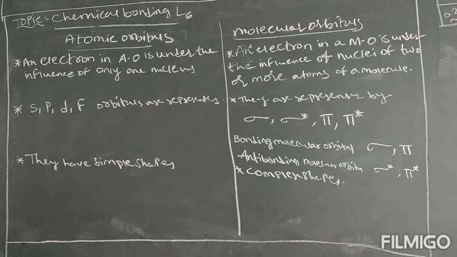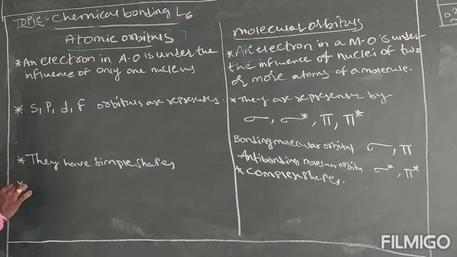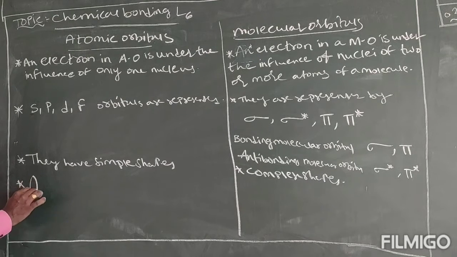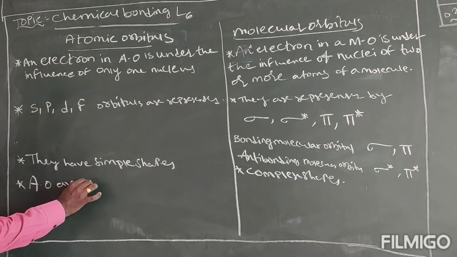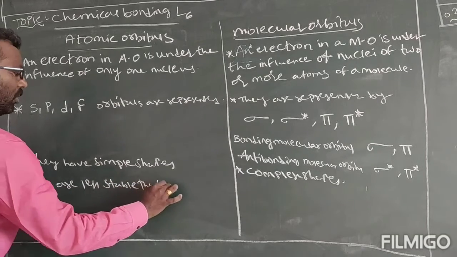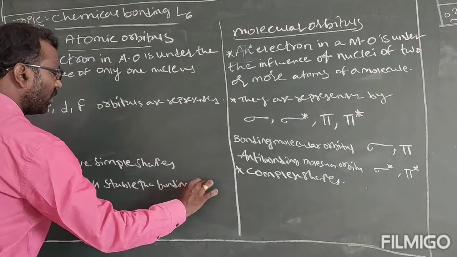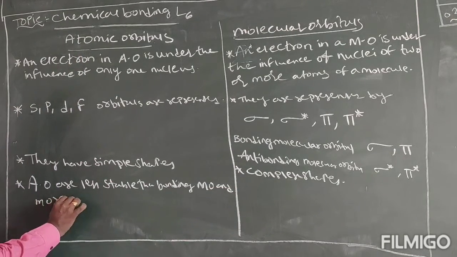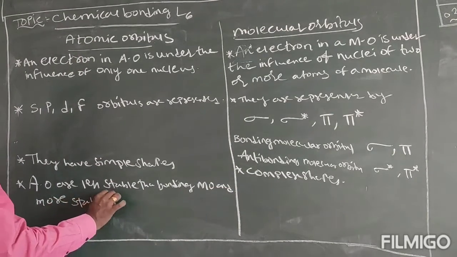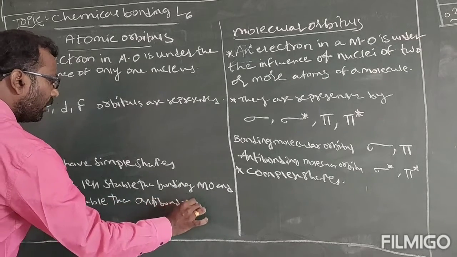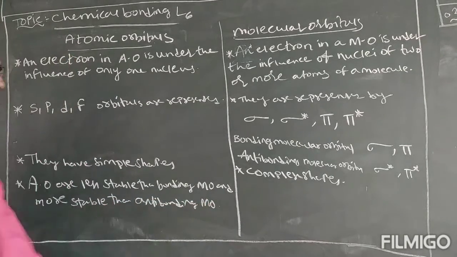And the most important point: atomic orbitals are less stable than bonding molecular orbitals and more stable than anti-bonding molecular orbitals.